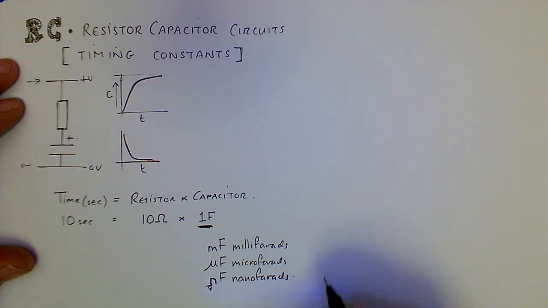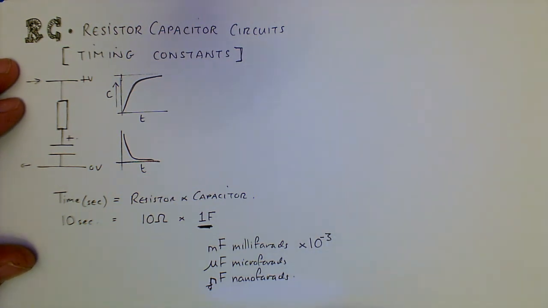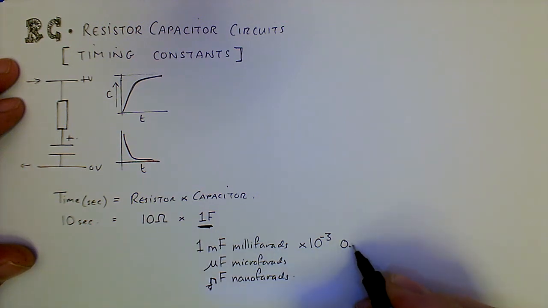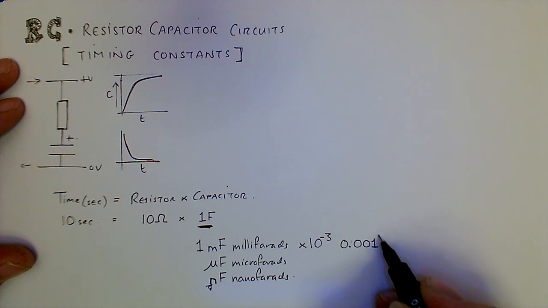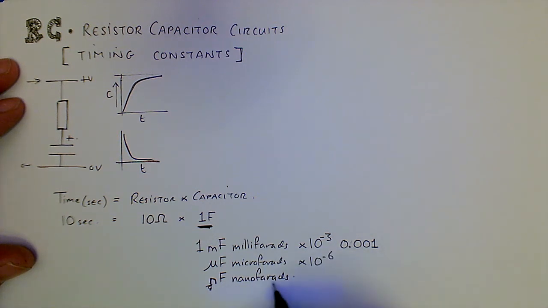Quite small. In fact, milli is times 10 to the minus 3. So 1 millifarad would actually be 0.001, so 10 to the minus 3. Microfarads is 10 to the minus 6, and nanofarads 10 to the minus 9.